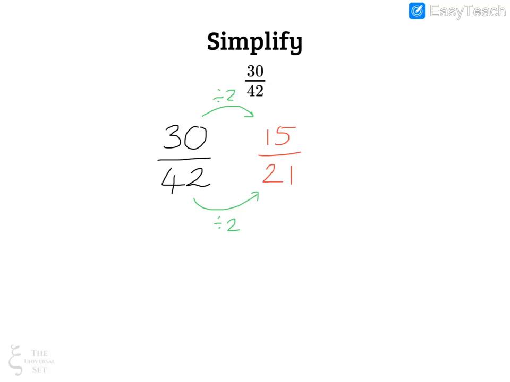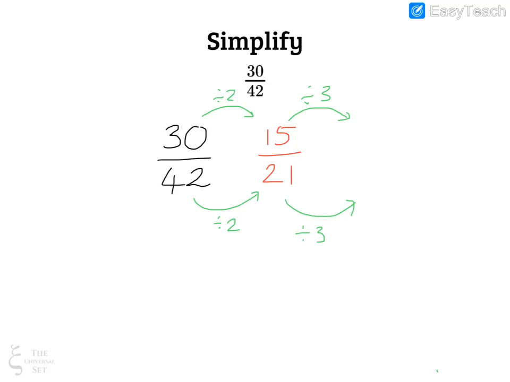Now, I'm not quite finished yet, because there is still a times table that has both of these numbers in them. There's still something that I can divide both of these by, and that is 3. They're both in the 3 times table. So if I divide this one by 3, there we go, divide this one by 3, and if I divide this one by 3, that will be my answer.